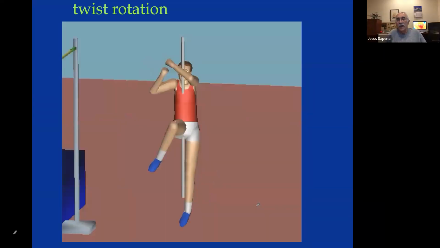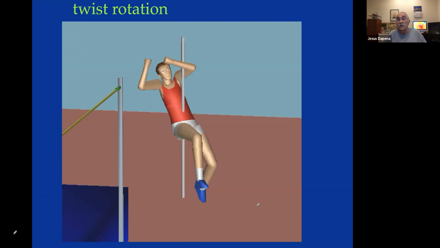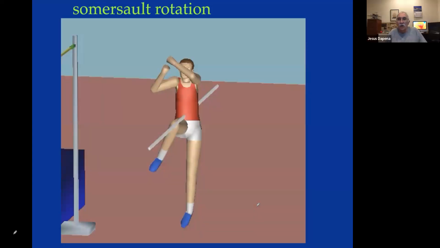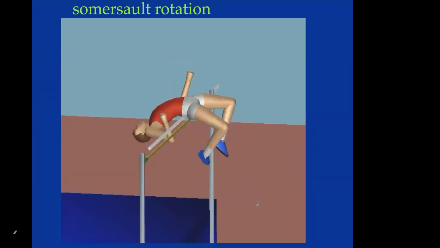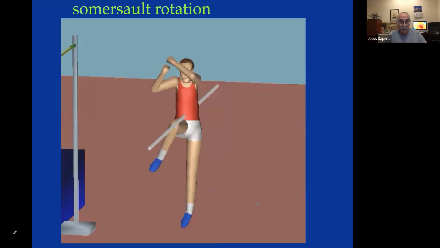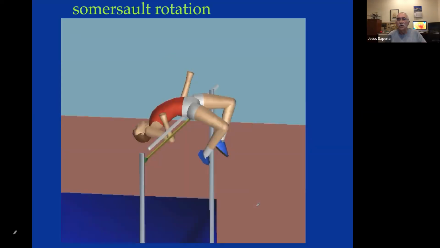It's a rotation that makes the back of the athlete point towards the bar, and it happens very soon after takeoff. And then the somersault rotation is a rotation about an axis that is more or less parallel to the bar.